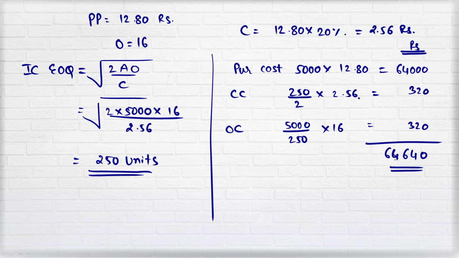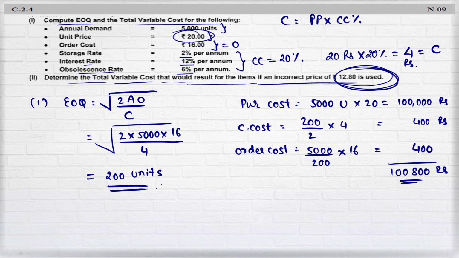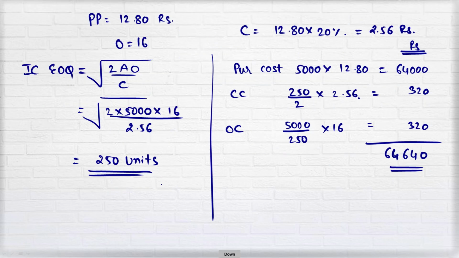Sir, this cost is lower than this cost. It will be lower than this cost. So, sir, this is good.